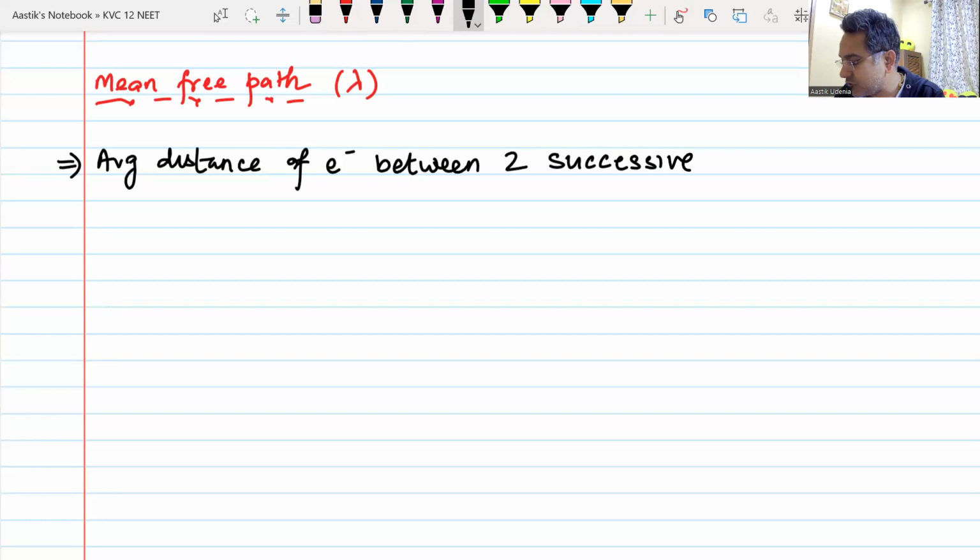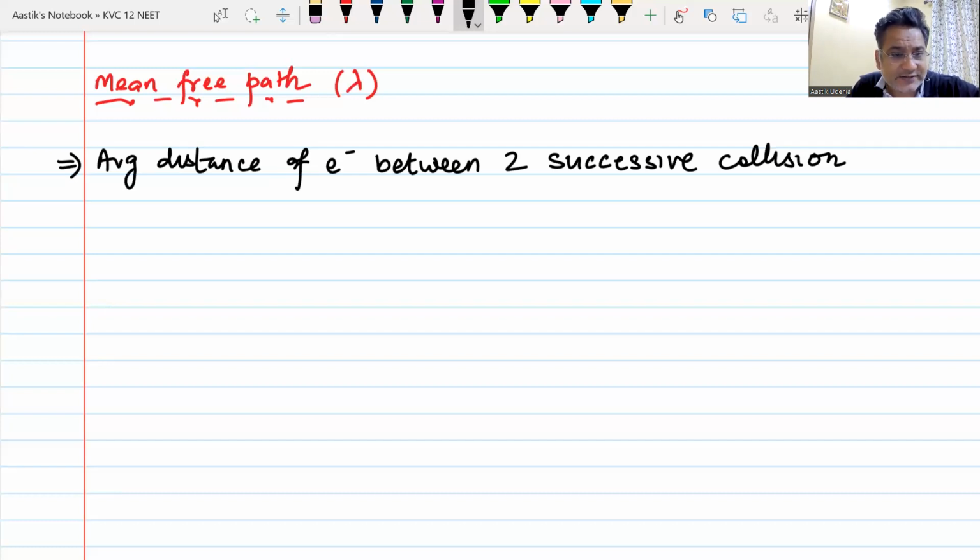Whenever electrons are moving inside a conductor, you must realize that there are a large number of electrons moving inside the metal and they are continuously colliding with each other.